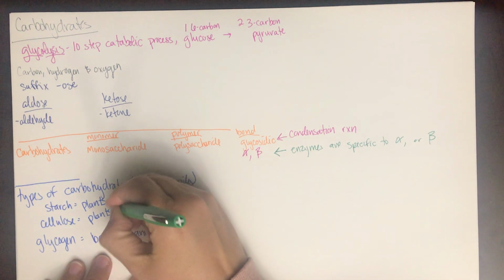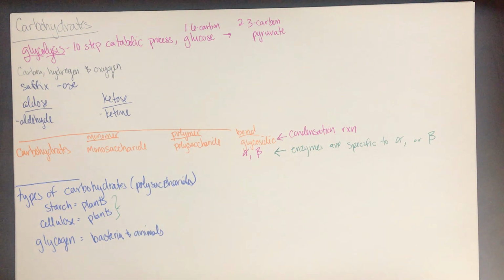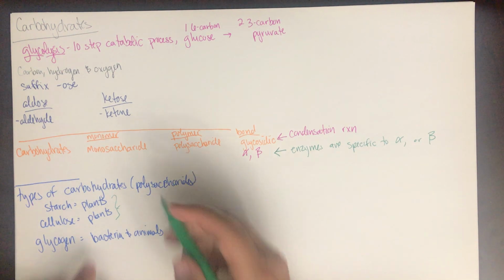So starch and cellulose are how plants store carbohydrates. So all plants are made up of some starch and some cellulose. So the deal is that our animal cells, not all animals, but humans, we lack the enzyme.